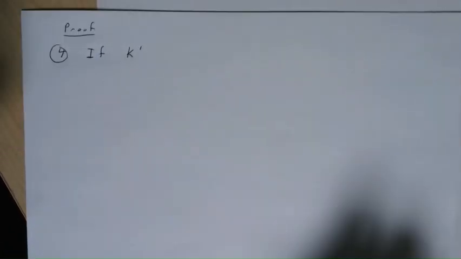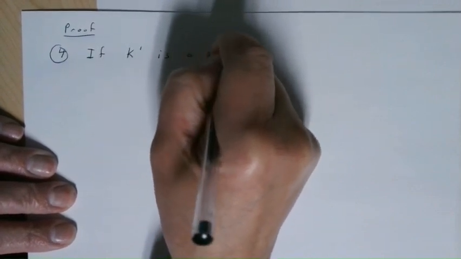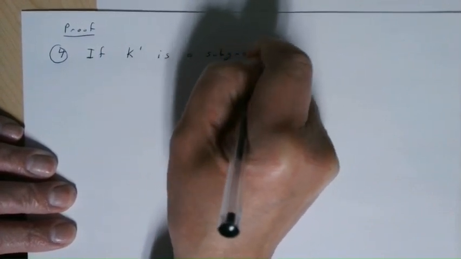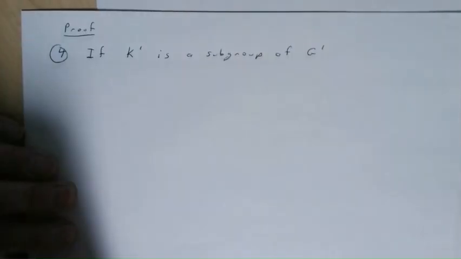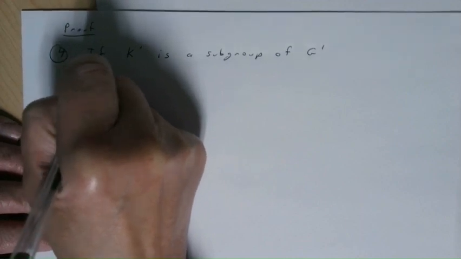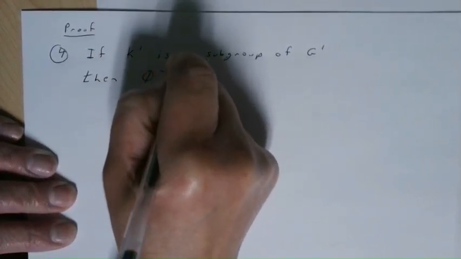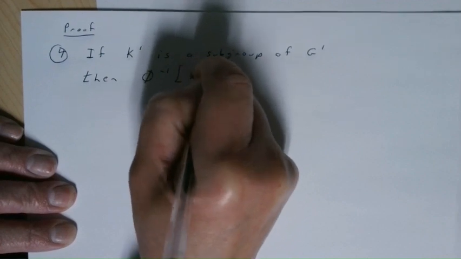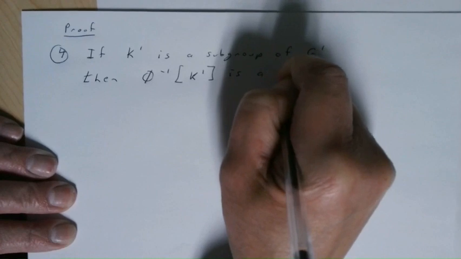If K prime is a subgroup of G prime, then phi inverse of K prime is a subgroup of G.